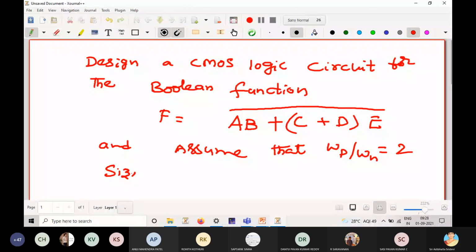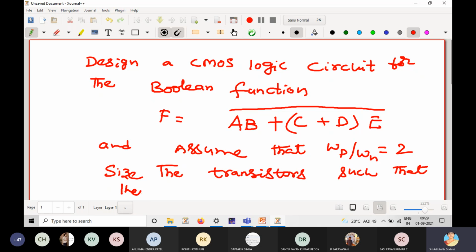So size the transistors such that their delay is minimum. Minimum delay means they should have the delay of an inverter, right? Yes.